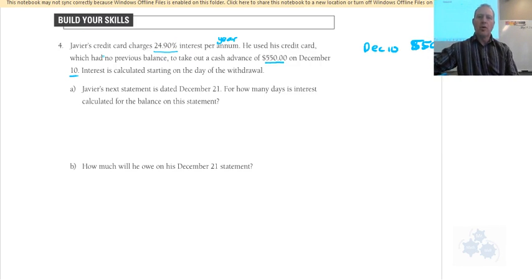Okay. So this is December 10th. Javier's next statement is dated the 21st. So for how many days is interest calculated for the balance on this statement? So the 10th to the December 21st. How many days is that? Okay, so if we do a simple calculation, it looks like the difference is 11. But what we have to do is count both days, the beginning day and the end day.